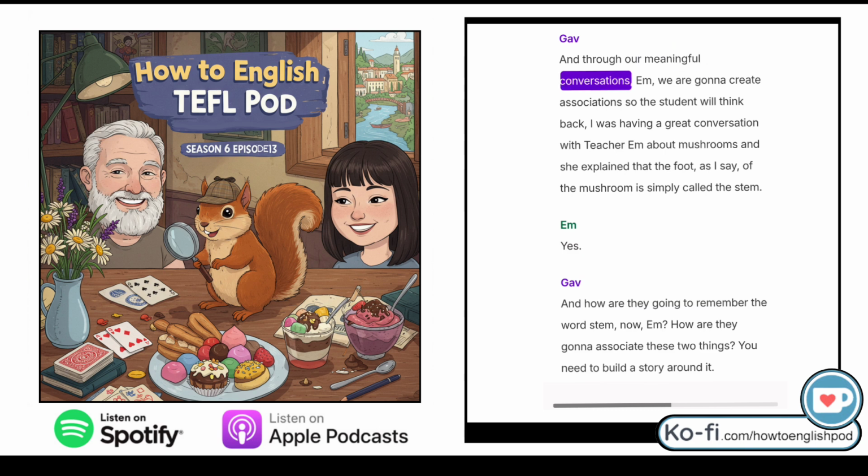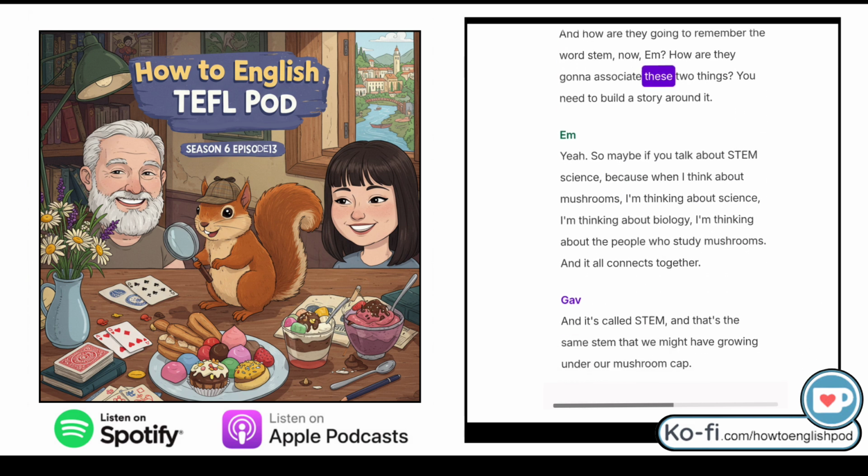And through our meaningful conversations, we're going to create associations so the student will think back. I was having a great conversation with Teacher M about mushrooms and she explained that the foot, as I say, of the mushroom is simply called the stem. Yes. How are they going to remember the word stem now, Em? How are they going to associate these two things? You need to build a story around it.